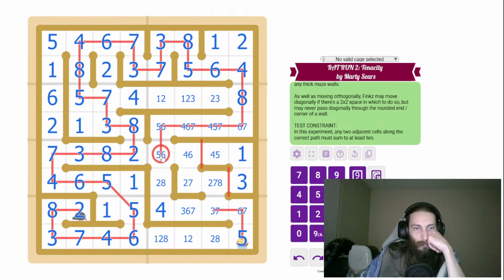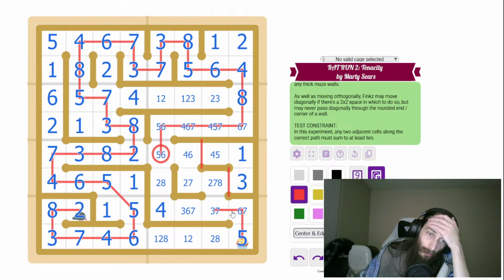That would be a 4 and a 6 or a 6 and a 5. But if I went the other way around, this would have to be 6 or 7. This would have to be a 6 and a 7.